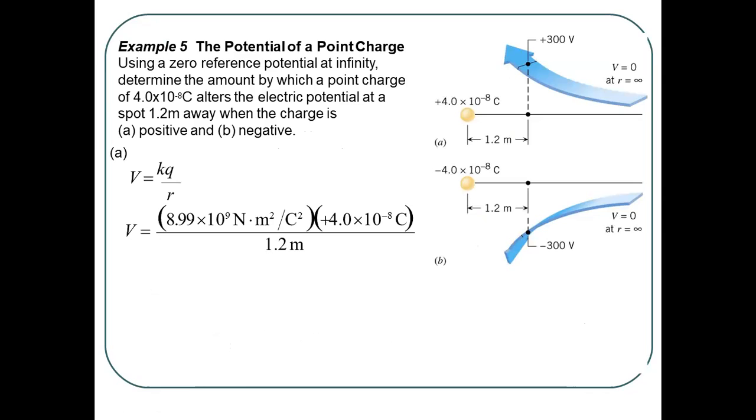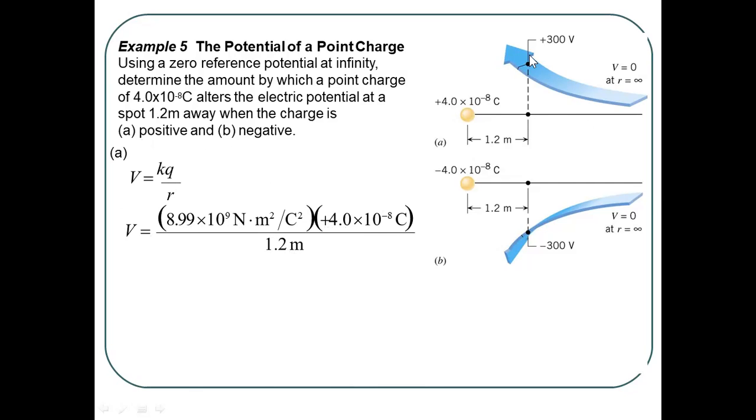For letter A, V now is equal to Coulomb's constant, 8.99 times 10 raised to 9 newton meter squared per coulomb squared, multiplied with the charge Q as 4 times 10 raised to negative 8 coulombs. Since this is letter A, we assume the charge as positive, over 1.2 meters, the distance between the two charges.